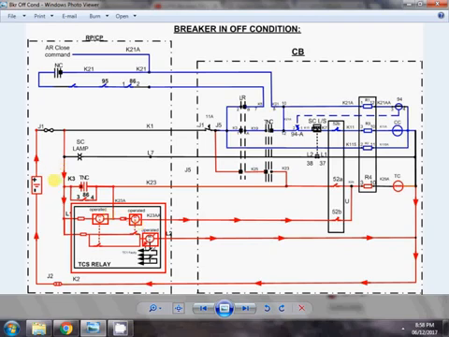Now see, this is the pre-close condition, and so current is flowing through this NC contact in the auxiliary switch and through this tripping circuit in this manner. You can see the current is flowing through the positive, then through this 95A, 95B, so both of these are operated, and then to the 52B auxiliary switch, then to the tripping resistance, then the tripping coil, and in this way to the battery again.